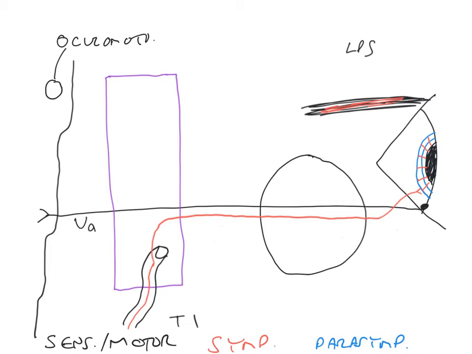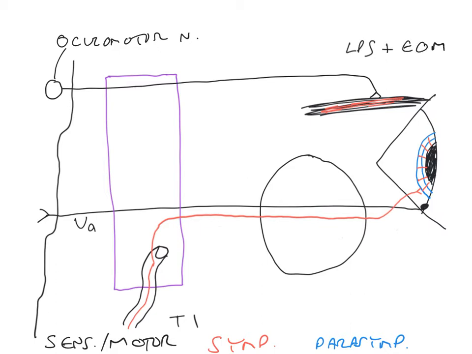The oculomotor nucleus contains motor neurons whose job is to supply the extraocular muscles, and one of those extraocular muscles which the oculomotor nerve supplies is levator palpebrae superioris. Okay, but remember, it also supplies other extraocular muscles as well.